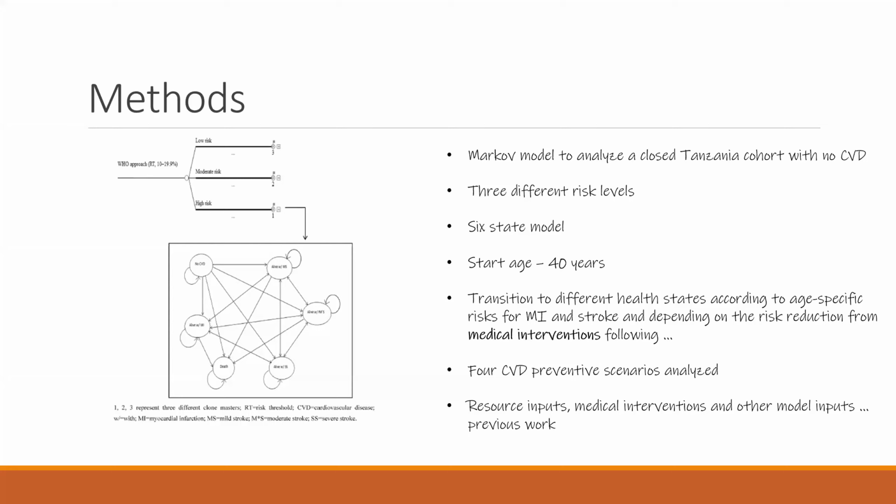You'll remember that the medical interventions we used were those which were cost-effective from our previous work. We analyzed 4 preventive scenarios, which I'll explain in the next slide. The resource inputs, medical interventions, and other model inputs are from the 2 previous papers, which looked at the cost and the cost effectiveness.